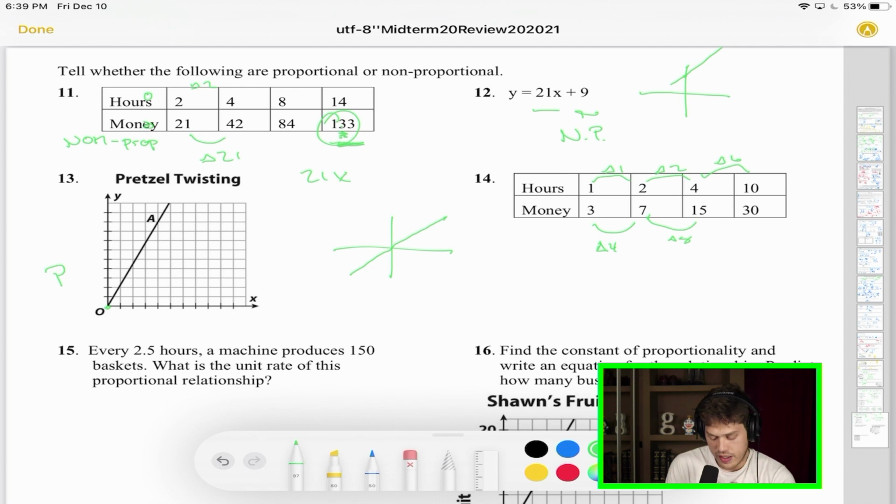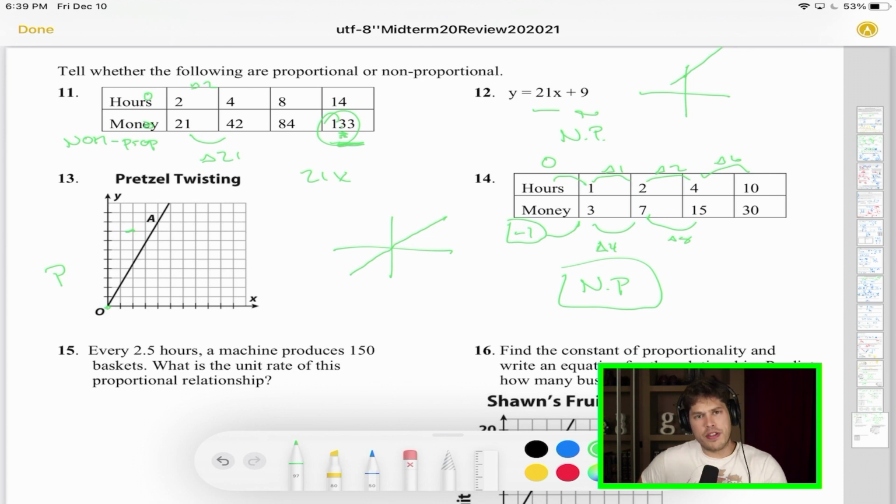And again, the 10 and the 30 isn't... And if we went backwards to 0, if we had 0 and this 4 carried over, we would have a y-intercept of -1. So that still doesn't cross through 0, 0. So I'm going to say 14 is non-proportional.